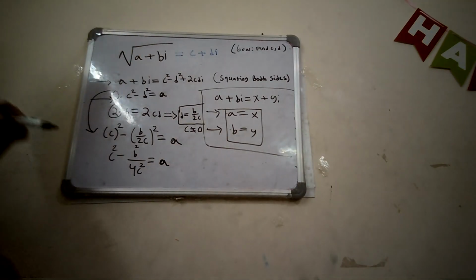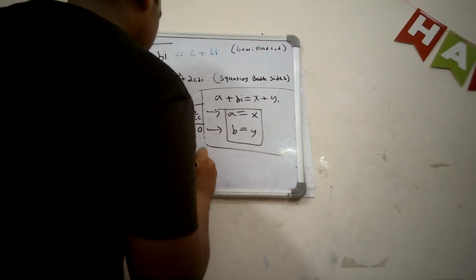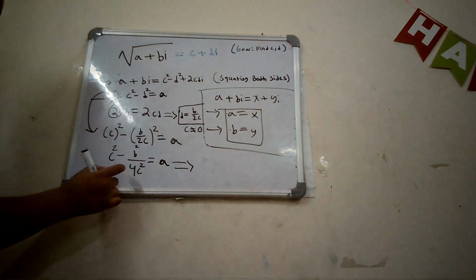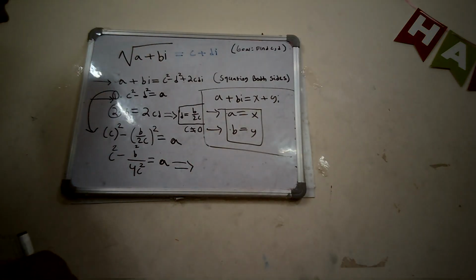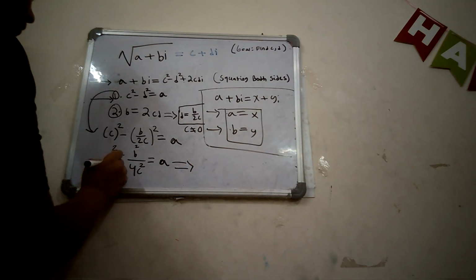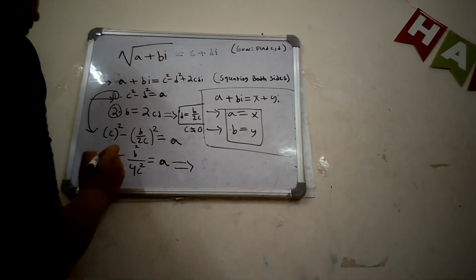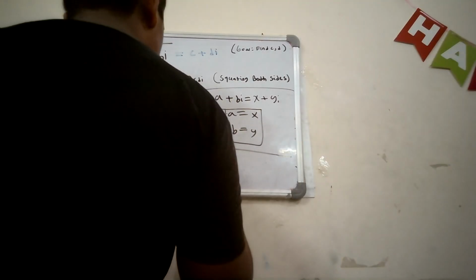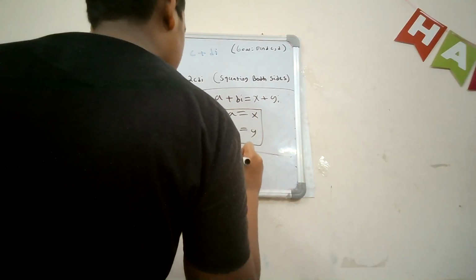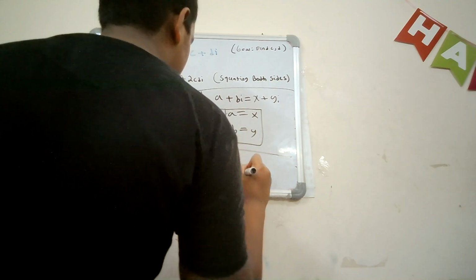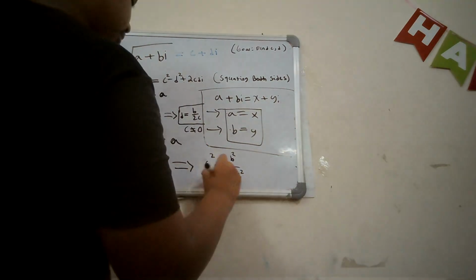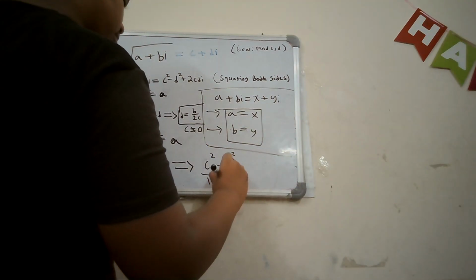Got it? Okay. Now what I'm going to do is combine the denominators. Basically in c squared minus b squared upon 4c squared, I'm just going to multiply the c squared by 4c squared.